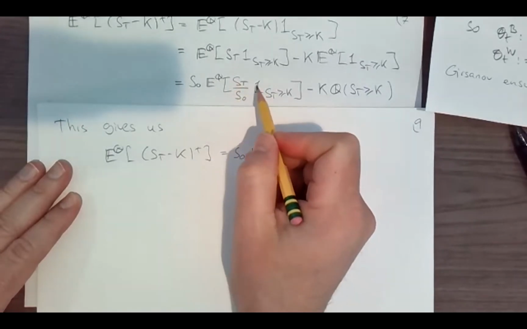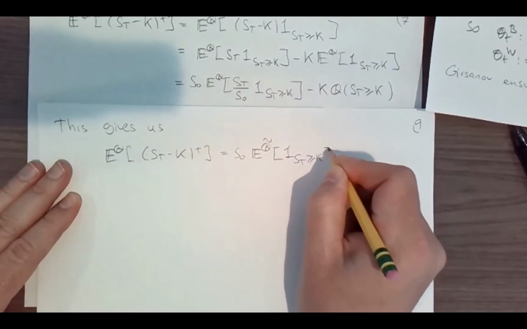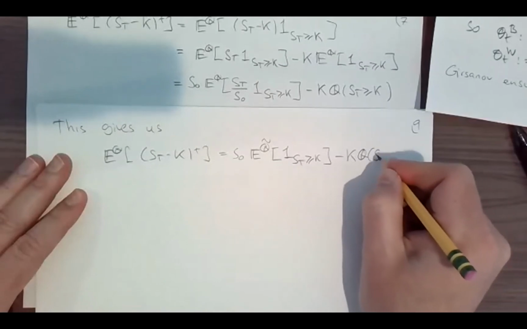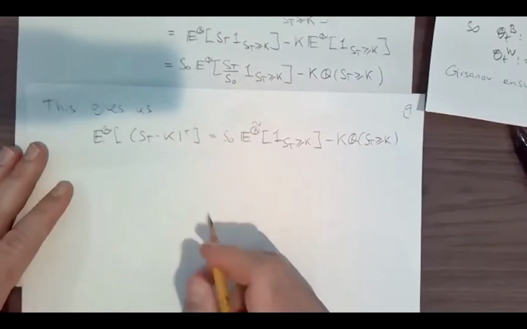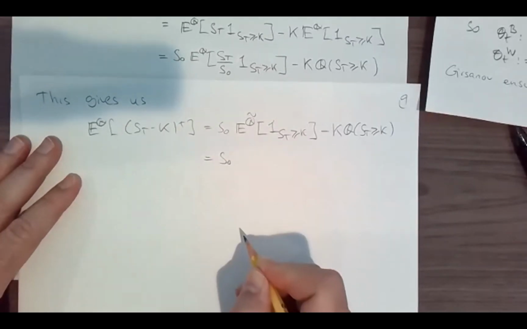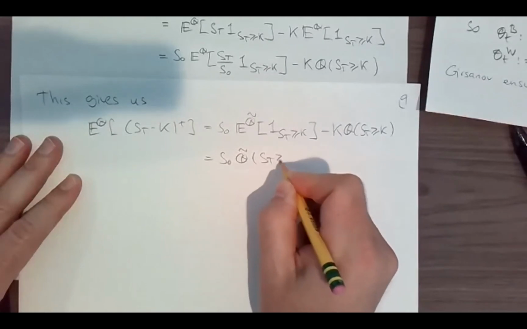You absorb this random variable into a change of measure, and you get Q tilde of S_T bigger than K, minus K times Q of S_T bigger than K. And as before, an expectation of an indicator is exactly the same as the probability of the set.